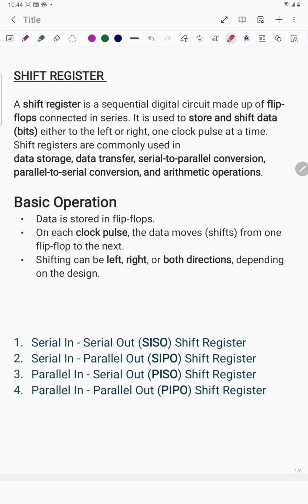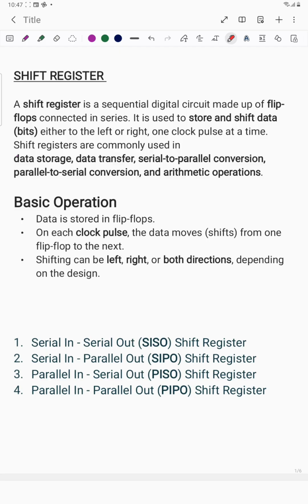What it means to be connected in series is that we have a lot of flip-flops connected one by one, and it is basically used to store and shift data. That's why the shift register is used to store and shift the data.